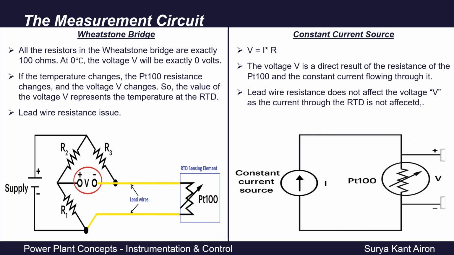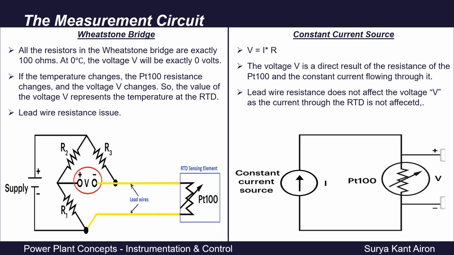This lead wire resistance will produce error in the temperature measurement. Moreover, with the passage of time, this supply voltage is also getting drifted. So a drifting supply voltage is also problematic as it will affect the measured output voltage.